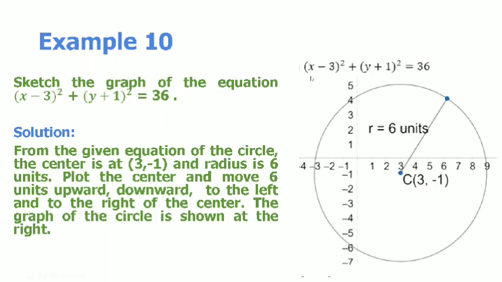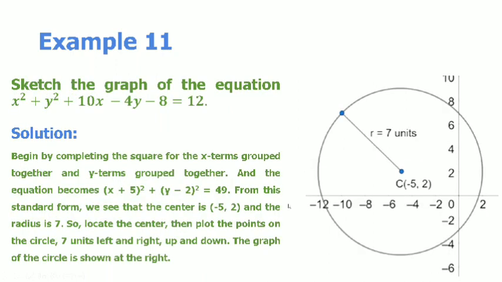Okay, so the equation is this: the quantity x minus 3 squared plus the quantity y plus 1 squared equals 36. We have the 11th example. Sketch the graph of the equation x squared plus y squared plus 10x minus 4y minus 8 equals 12.